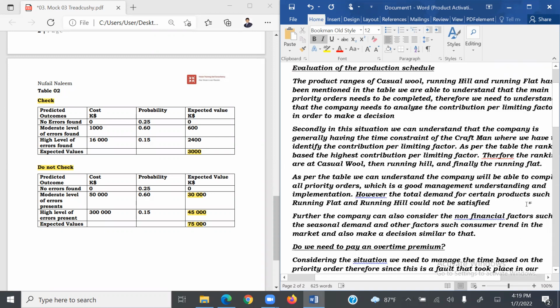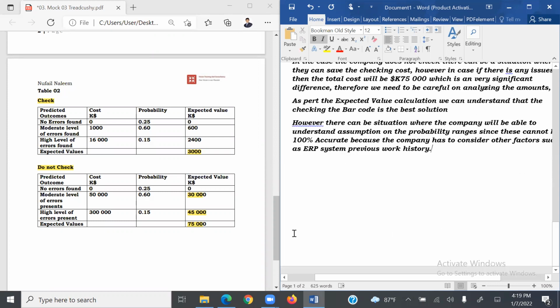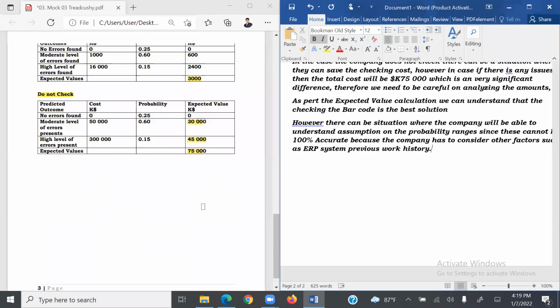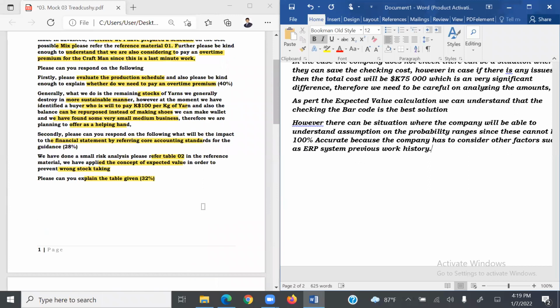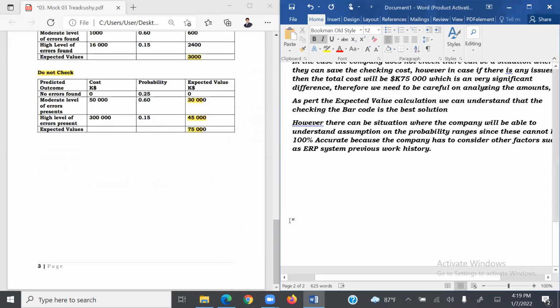So this is again another mock discussion we have done. So any questions, students, if you have to ask, you can ask me. If you are fine with this, can I quickly get a Y in the chat box, students? Thank you very much.